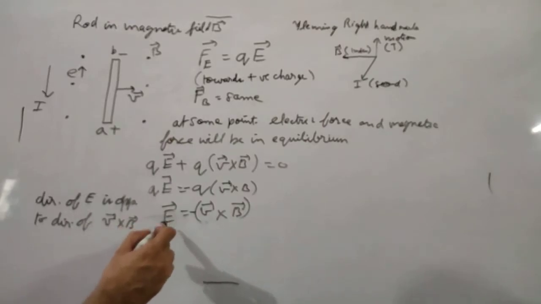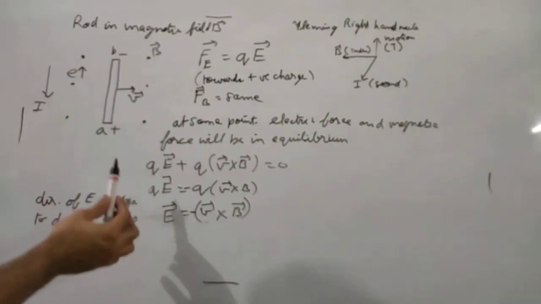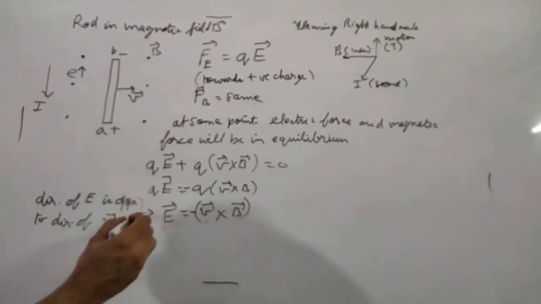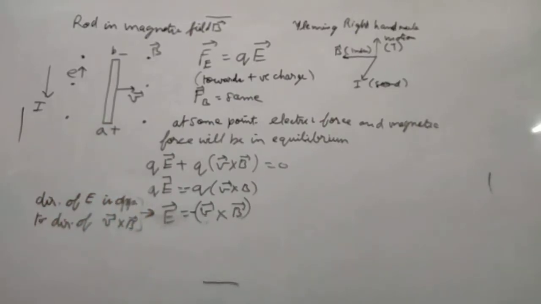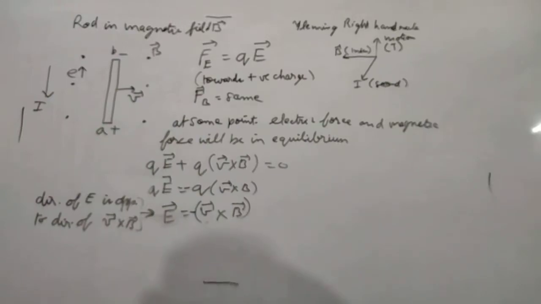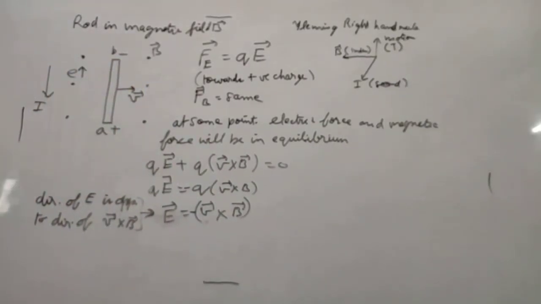That means the direction of E will be from B to A. We already did this. Now it can be proved from the mathematical expression also. That direction is from B to A. So you know the reason from mathematical point of view and from conceptual point of view, that the direction of electric field will be from B to A, opposite to the direction of the cross product of V and B.